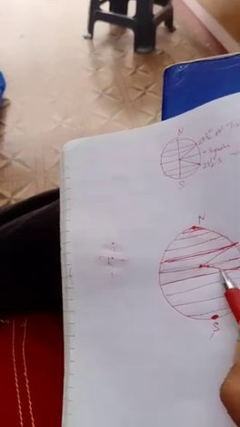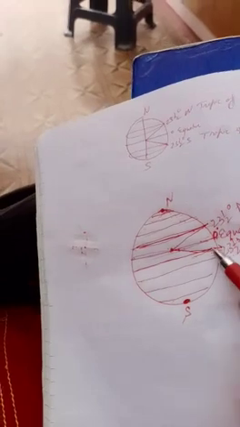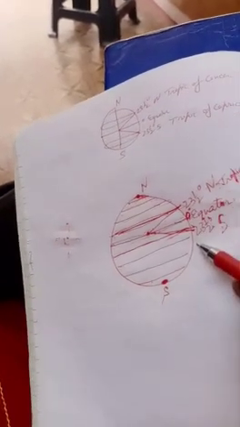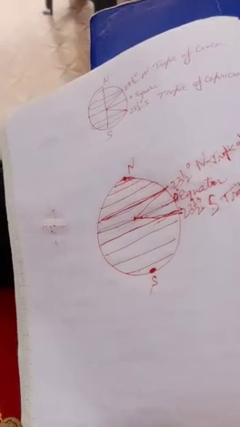If we move 23.5 degree from the equator in a south direction, we will get the Tropic of Capricorn. This is another important line of latitude, the Tropic of Capricorn.